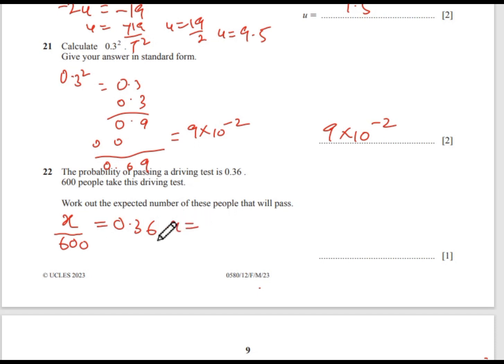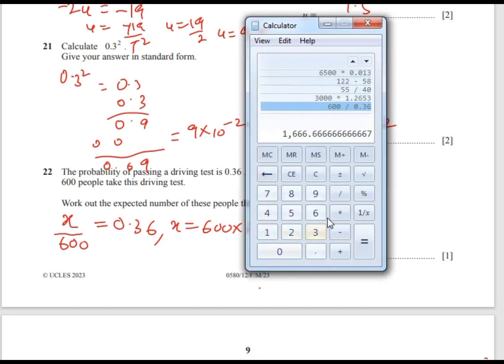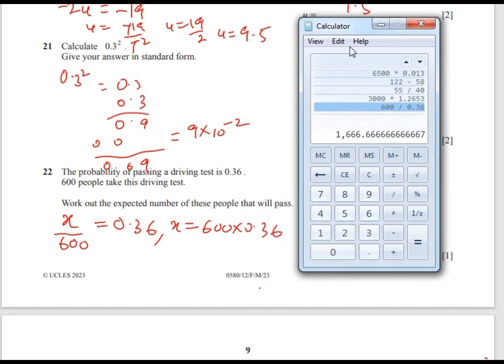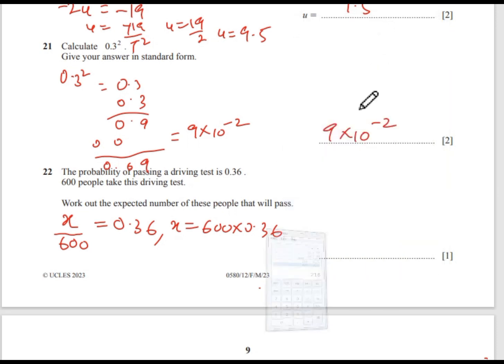So X becomes 600 multiplied by 0.36, that's 216. So the expected number of people that will pass is 216.